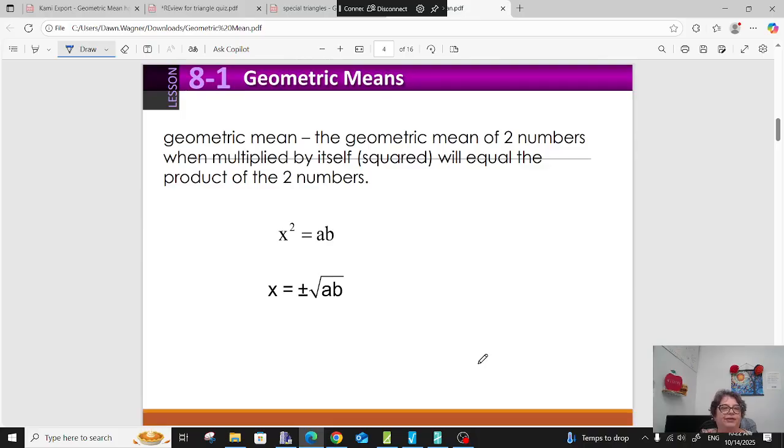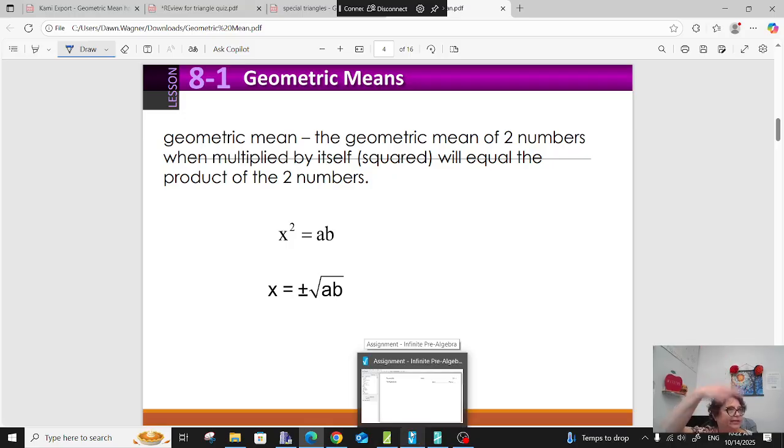So the definition of geometric mean is multiplying two numbers by each other and then taking the square root, and we would get plus minus. Any questions about that part? Multiply together, take the square root. Two answers, plus minus. Right?